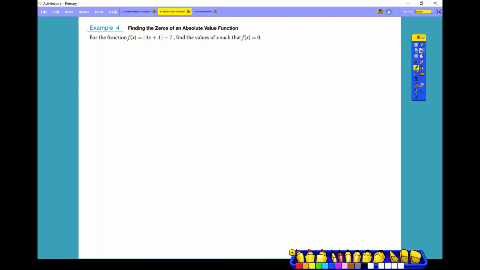So here we are going to find where f of x is equal to 0. Now, since we have something on the outside of it, negative 7, we're going to move it over because we want the absolute value bars alone.